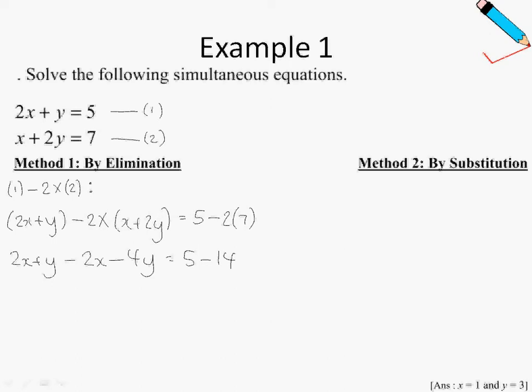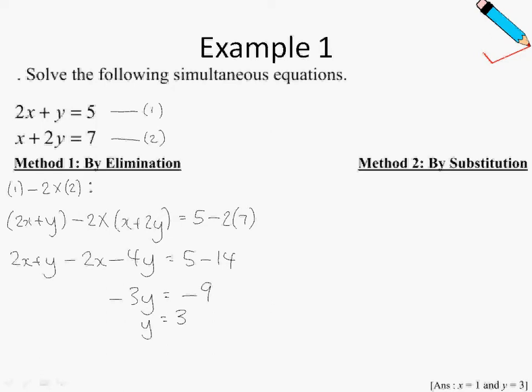If I look at this carefully now, 2x minus 2x gives me 0. So the x component is gone. Whereas y minus 4y gives me negative 3y, and 5 minus 14 is just negative 9. So finally, to get y, I just divide by 3 throughout.